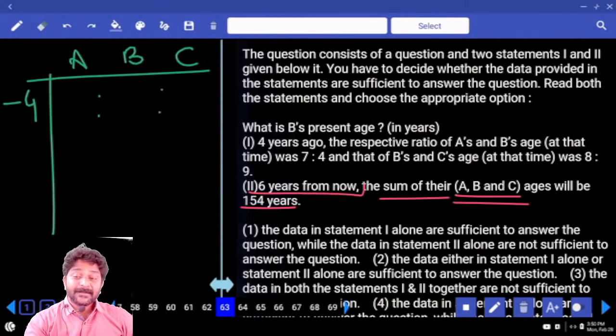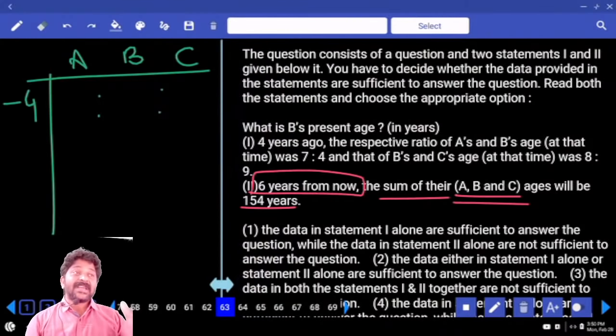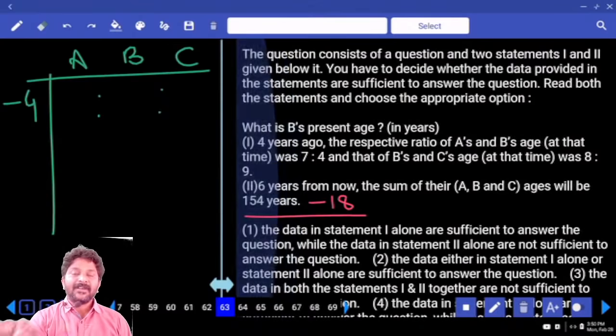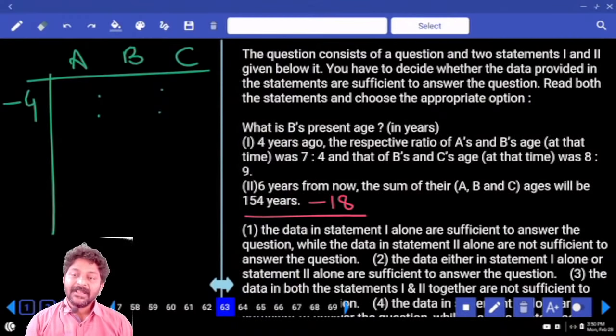When was this? That means after 6 years. To get present age, from each person's age, how many years we have to subtract? 6 years. Like that, how many members are there? That means 3 into 6. If you subtract 18 years from this, will you get sum of their present age?